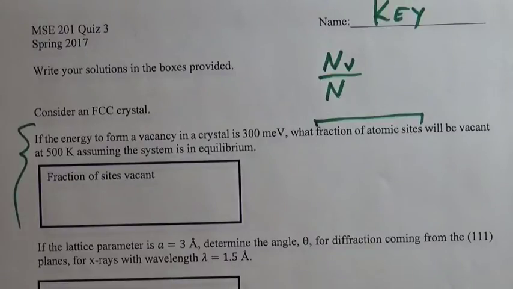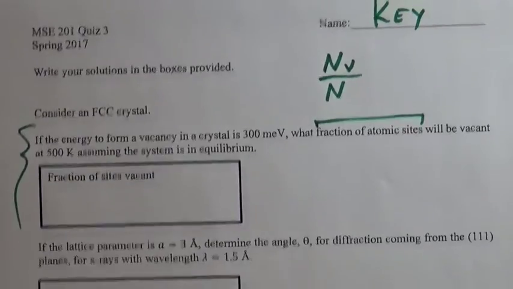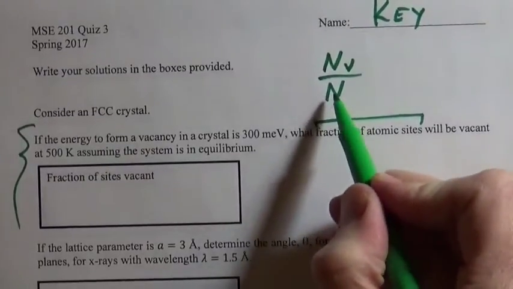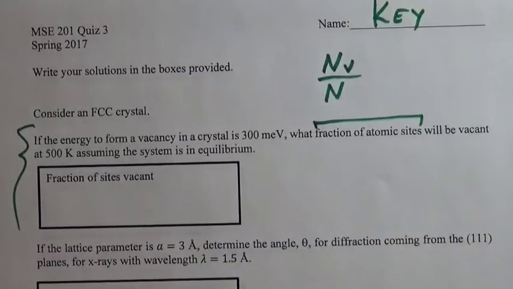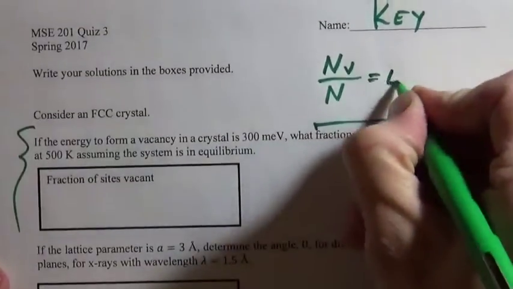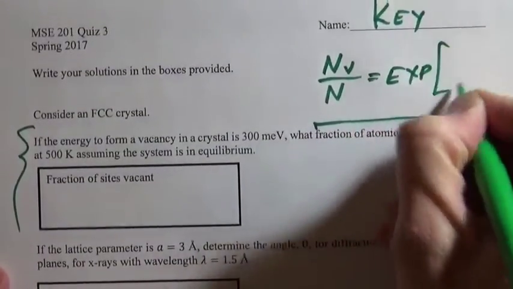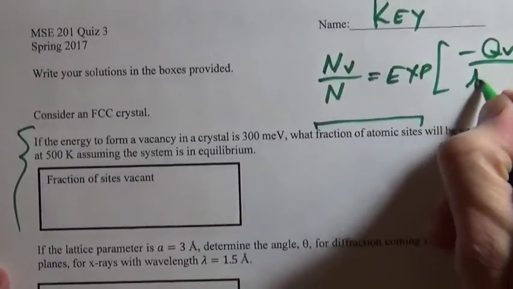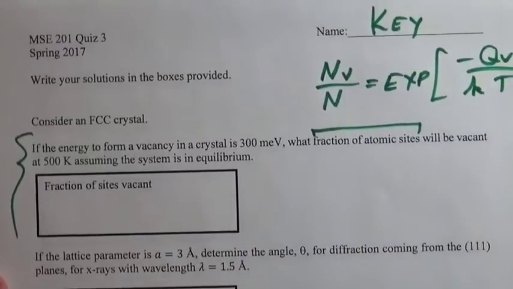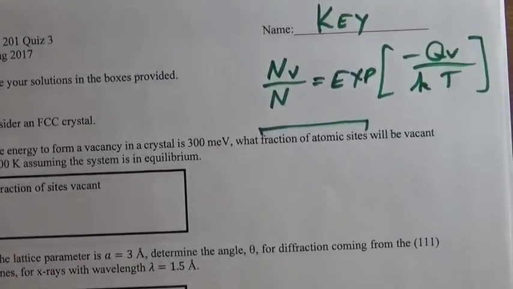If you remember the practice problem that we saw in class, one of the challenges was getting the absolute value of n. So if we talk about site fractions, this simplifies the problem significantly. And that gives us exp negative Qv over kT. So that's the equation we have.